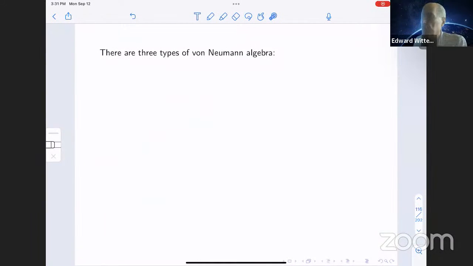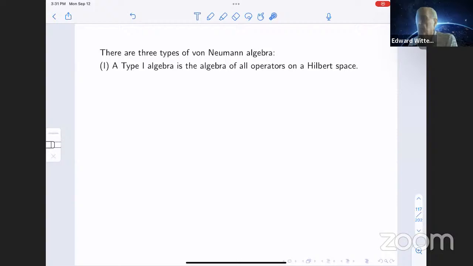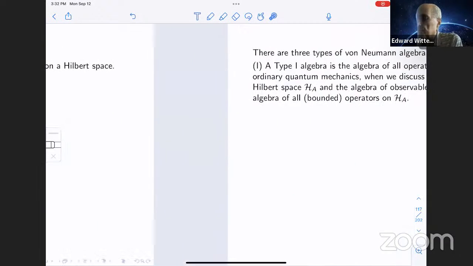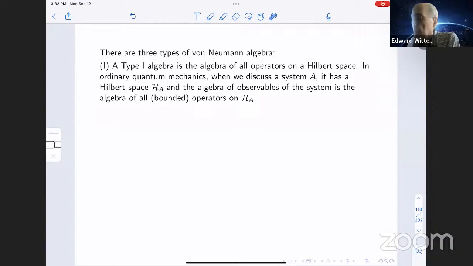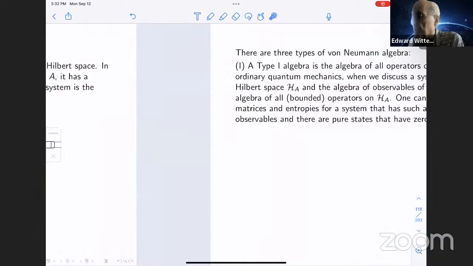There are broadly three types of von Neumann algebra. A type 1 algebra is the kind we're familiar with, even if we don't use the terminology. It's the algebra of all operators on a Hilbert space. In ordinary quantum mechanics, when we discuss the system A, it has a Hilbert space, HA, and the algebra of observables is the algebra of all operators on this Hilbert space.